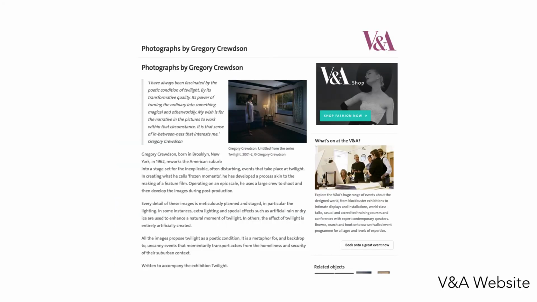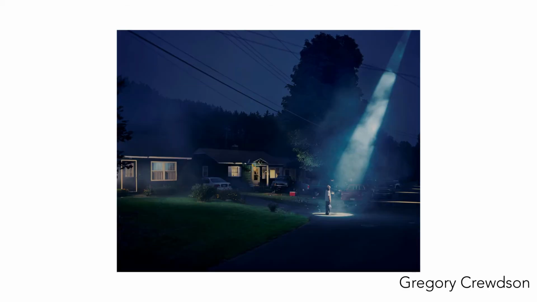So this piece of writing on the V&A website is directly from Gregory Crewdson. This is taken from the foreword of his book. It talks about why he wants to take the photographs. All of the images in his book are taken at night, hence the title Twilight. He wants to create these frozen moments akin to the making of a feature film.